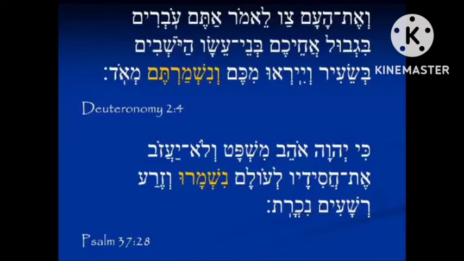The tem ending is the same. It means all y'all. And in this case, the nifal is a passive. All y'all were kept. All y'all were guarded. In Psalm 37:28, here again is the same nifal form, nishmaru, but in this case, the ending tells us that it was they. They were guarded.